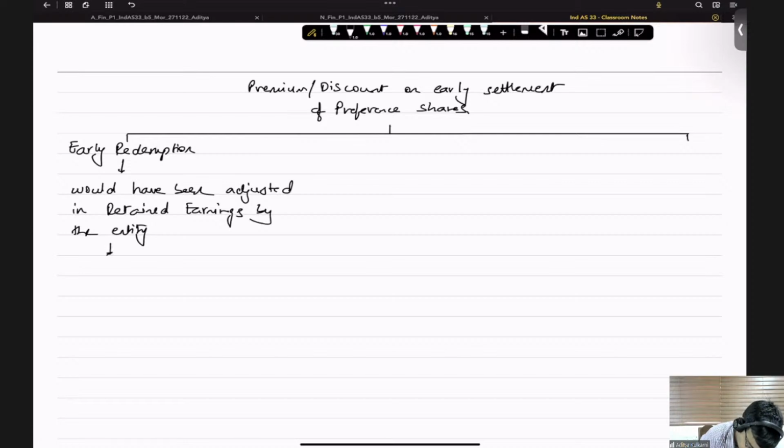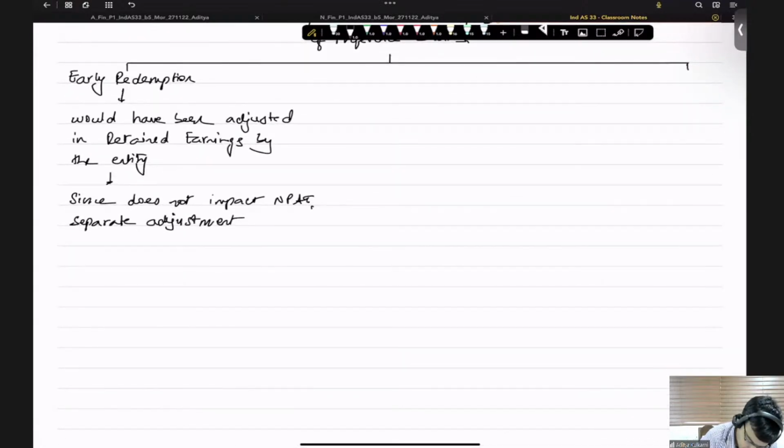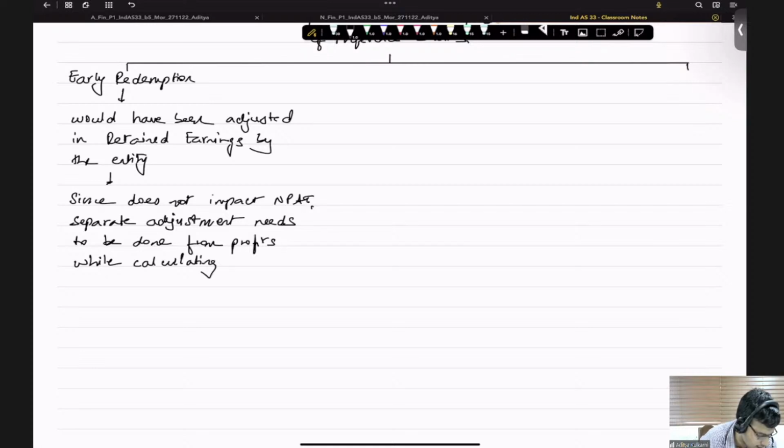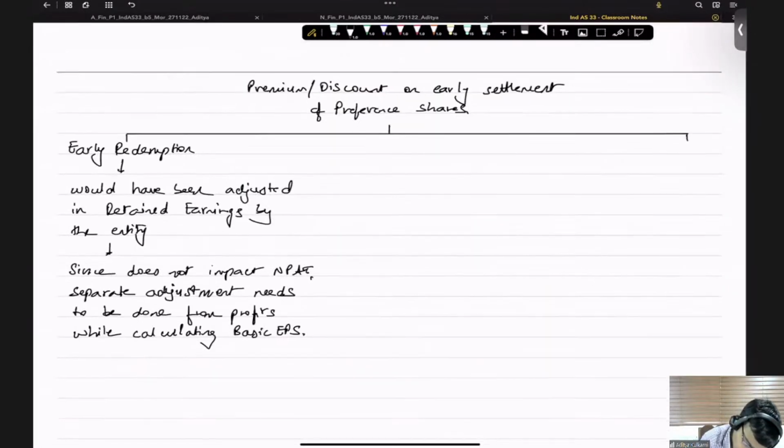Since it does not impact net profit after tax, a separate adjustment needs to be done from profits while calculating basic EPS.